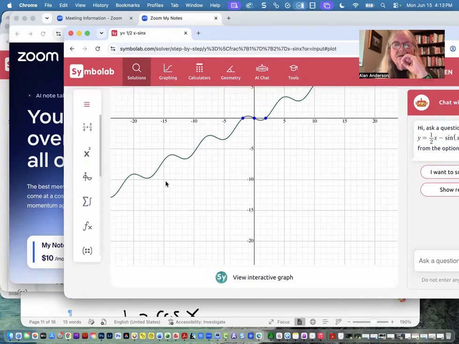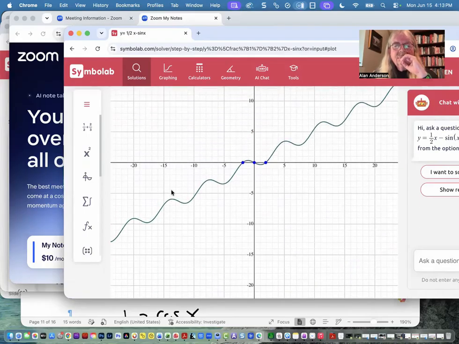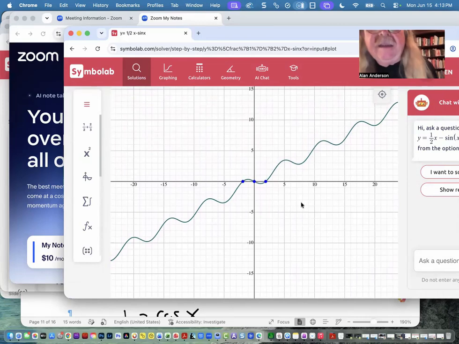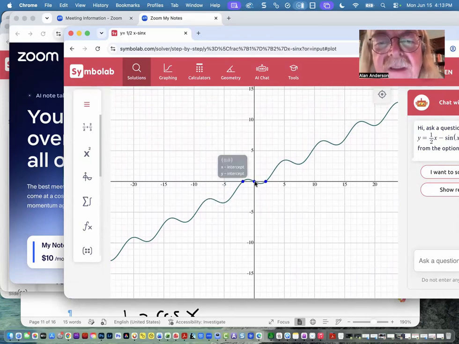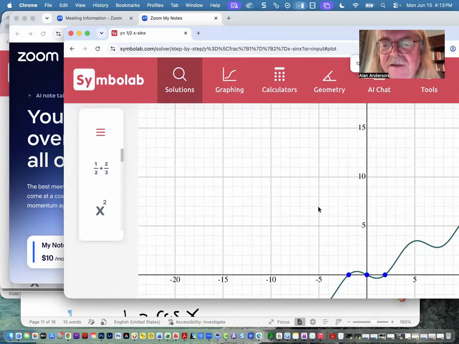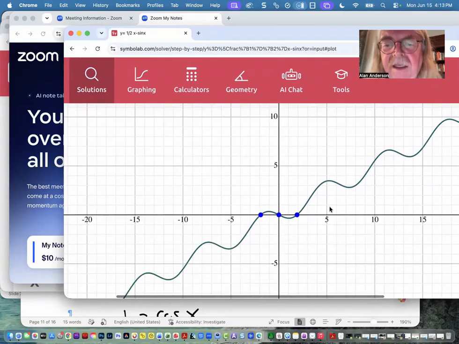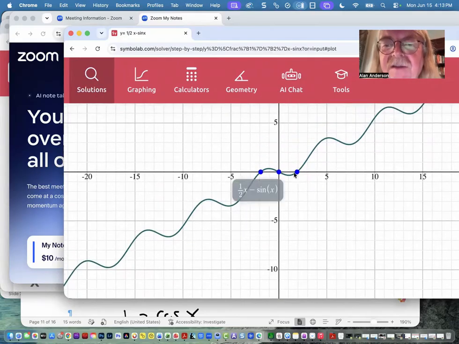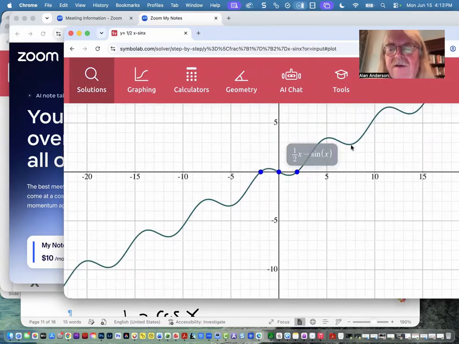Oh my God. Now keep in mind, we're only supposed to be looking in this interval here, but still, that's pretty terrifying. I don't think I've ever seen anything like that in my life. Look at that. Now, 2 pi is approximately 6, so it's going to be from like here to here.